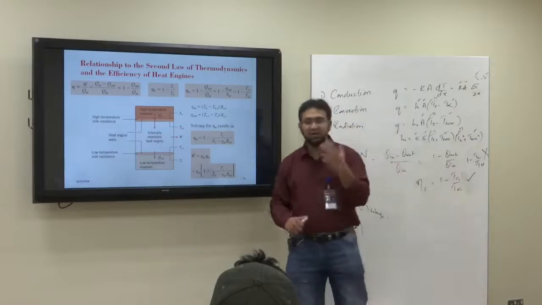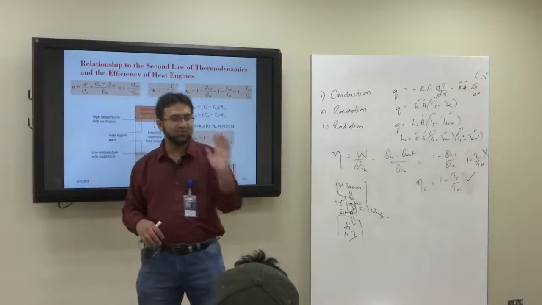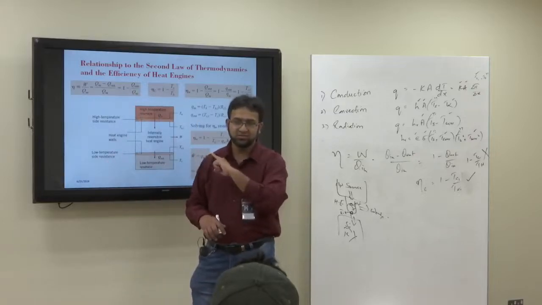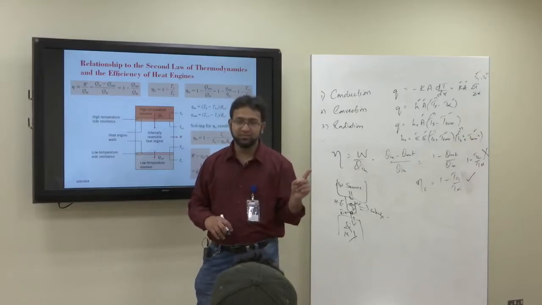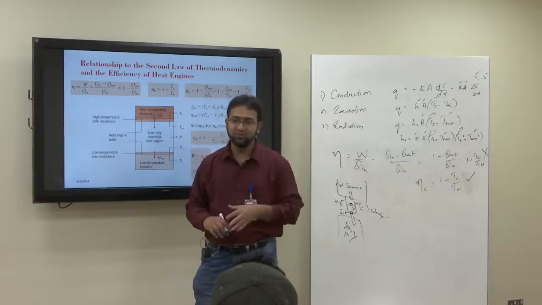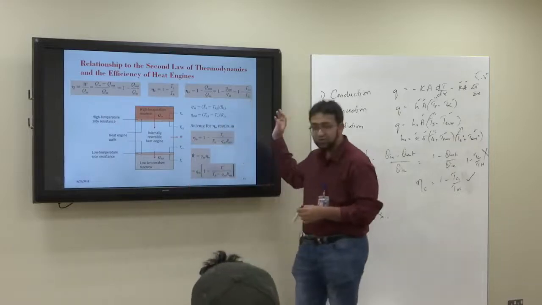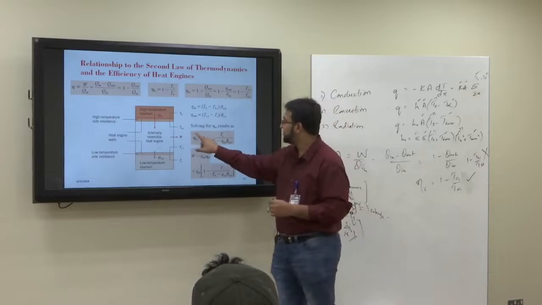There is a mathematical manipulation, and that mathematical manipulation is there in your book. I have not put it in the slides, but you have a homework problem related to that. So you might need to go through that mathematical manipulation, and after going through it, they come up with this answer.